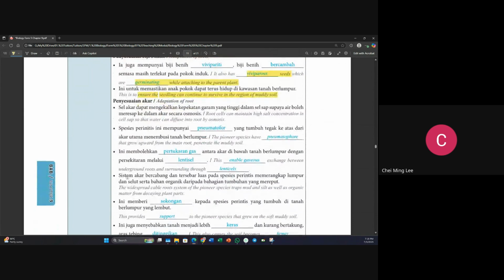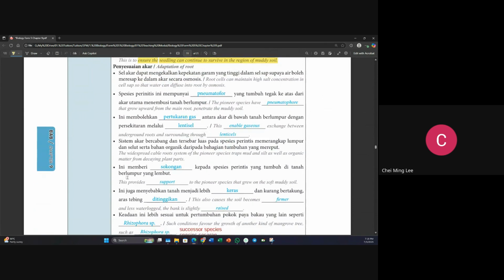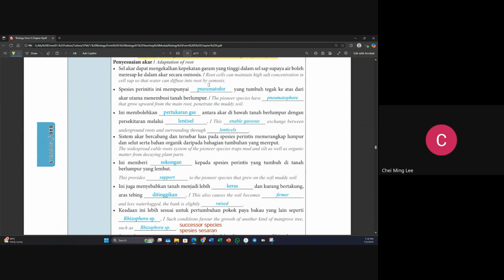Now, for the adaptation of the root. The root cell can maintain a high salt concentration in the cell sap, so that water can diffuse into the root by osmosis. It means they keep more salt inside, so the concentration inside the plant is always very high.